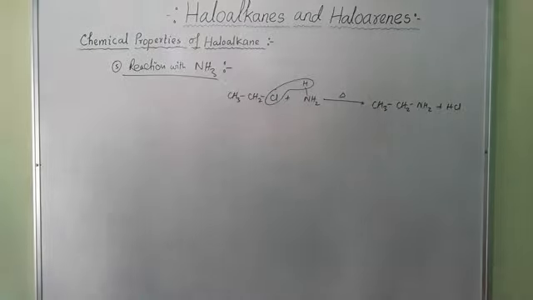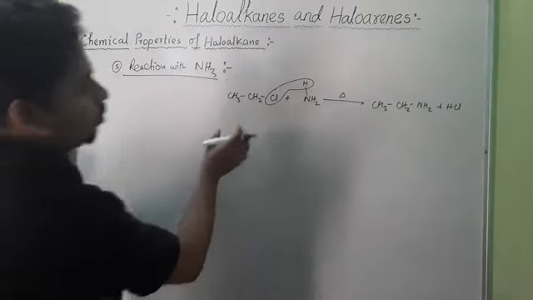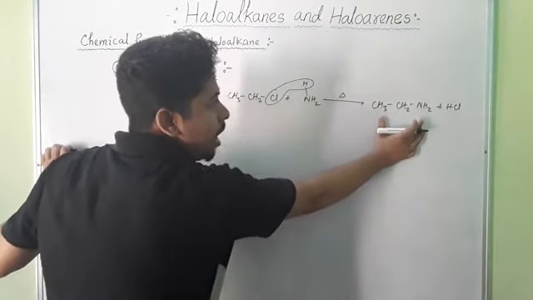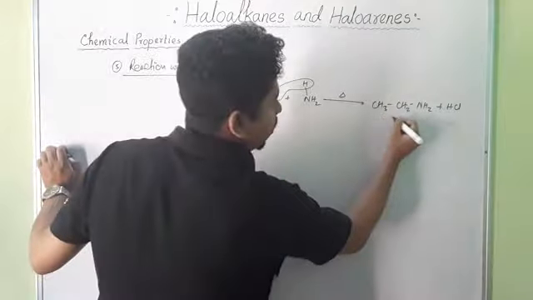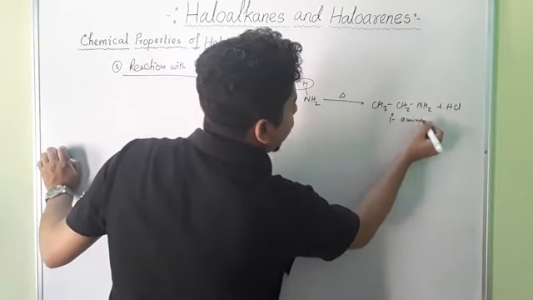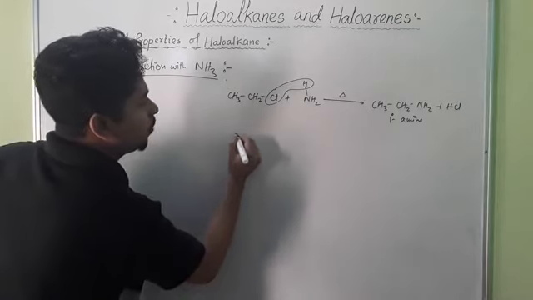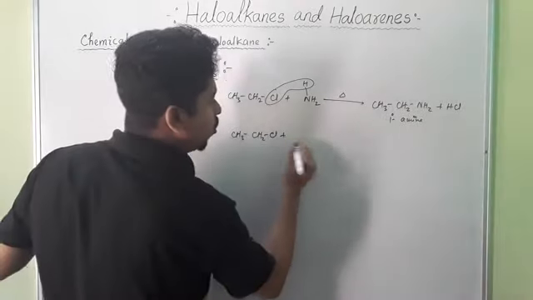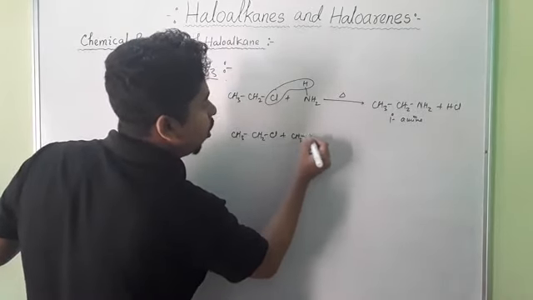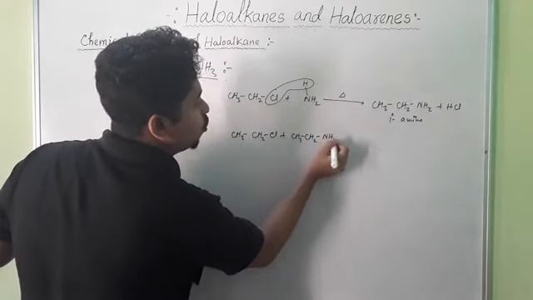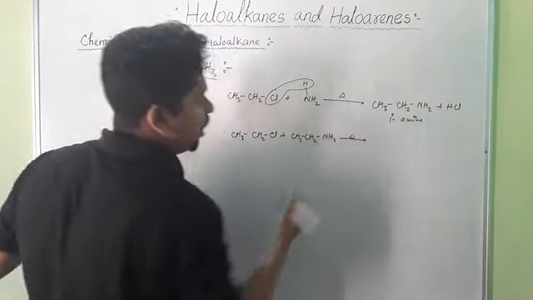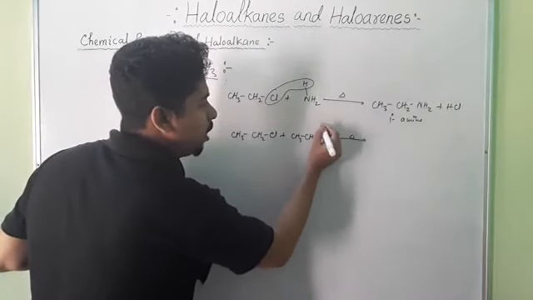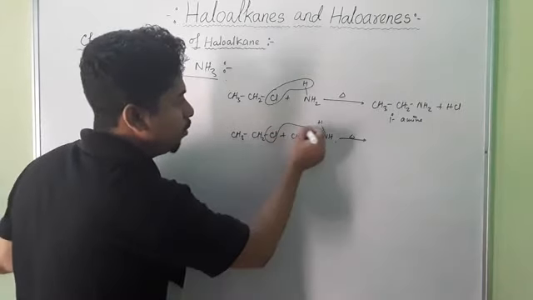Now see, this ethyl chloride molecule will once again react with this amine. This is a 1 degree amine, and it will further react: CH3-CH2-Cl plus CH3-CH2-NH2 produces a 2 degree amine. Here this NH2 you can write as NH-H, no problem, so one HCl molecule will be removed.